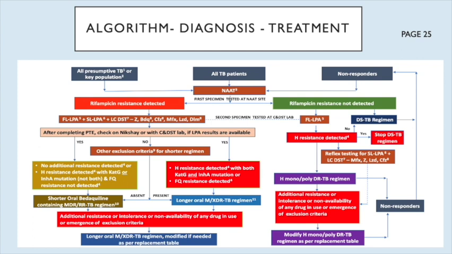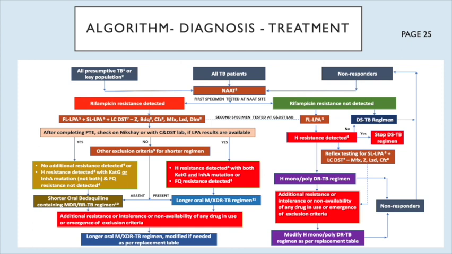This way we can get information on resistance to INH, pyrazinamide, bedaquiline, clofazimine, moxi, and linezolid. This second specimen in the program is sent to a culture and sensitivity lab.